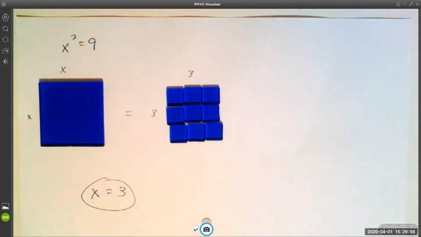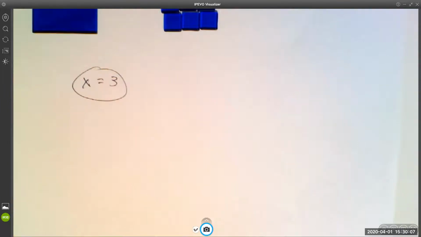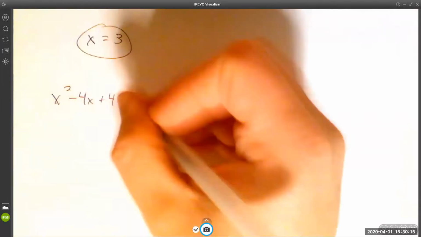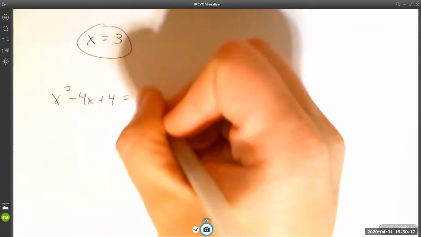You might be kind of shaking your head like, what is the point of this? You know, let me give you a slightly more challenging one. So let's do x squared minus 4x plus 4 equals 25.